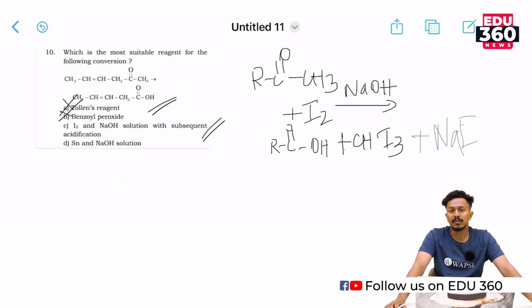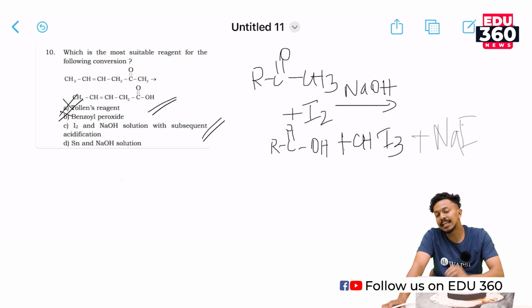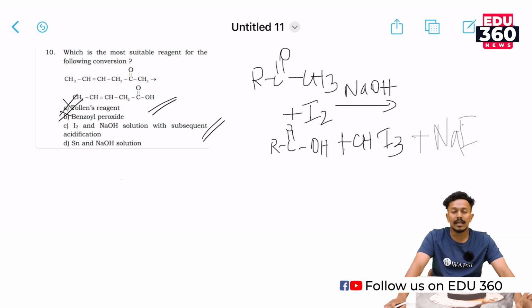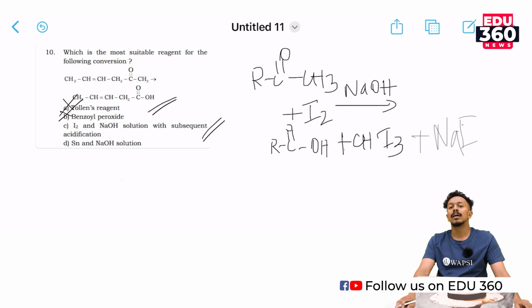What is the name of this reaction? We have earlier studied that a carbonyl compound containing a methyl group adjacent to the carbonyl carbon is called a methyl ketone. Whenever a methyl ketone is present, we treat it with iodine along with an alkali like sodium hydroxide to form a carboxylic acid.